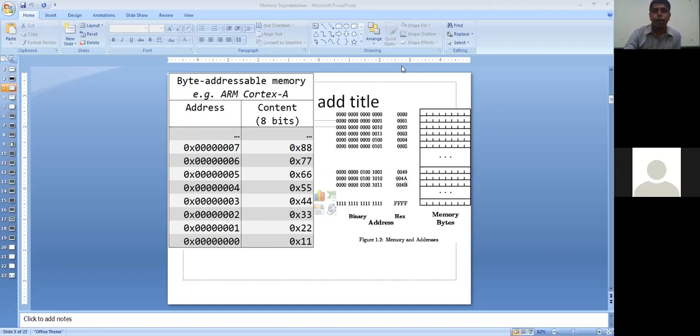Now, in memory, each location can store 1 bit, that is, either a 0 or a 1 in one place. So if you want to store 8 bits, then you require 8 locations.